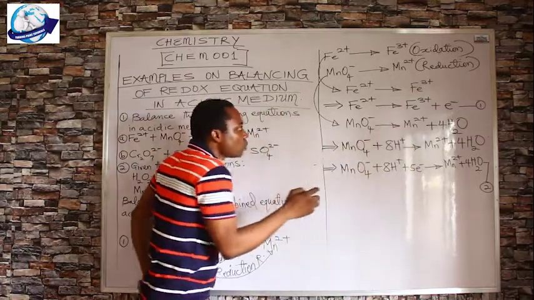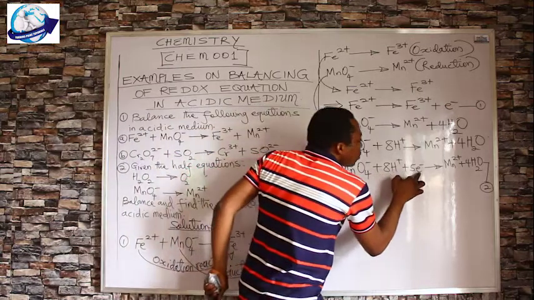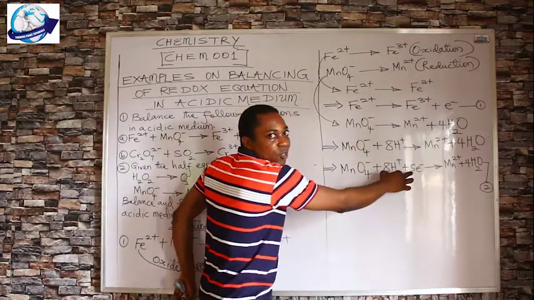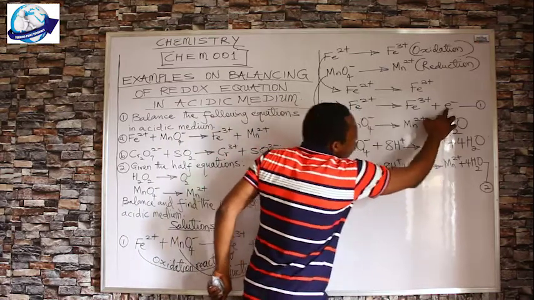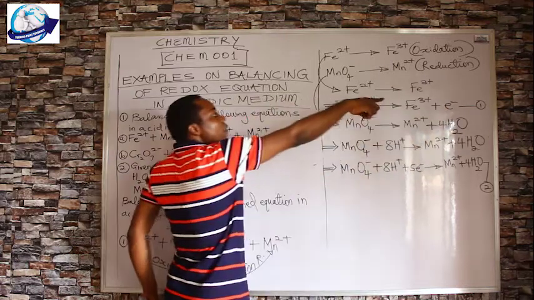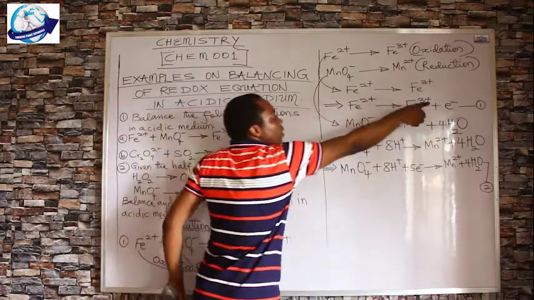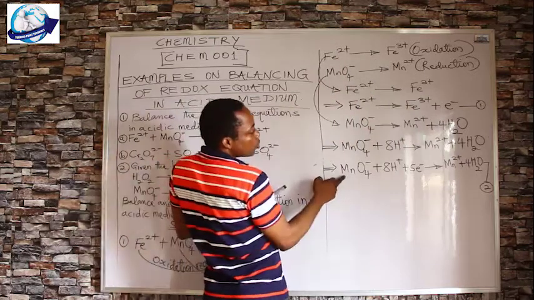The next thing to do, look at the electrons. In equation 2, the electron has a coefficient of 5. In equation 1, the electron has a coefficient of 1. So you pick the coefficient of this electron and use it to multiply equation 2.